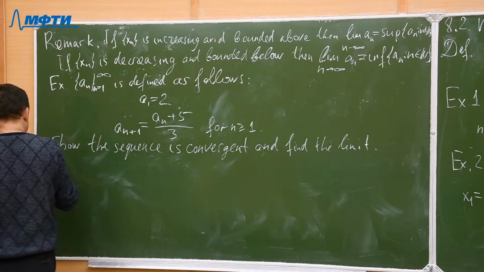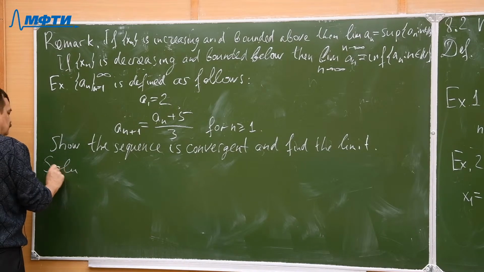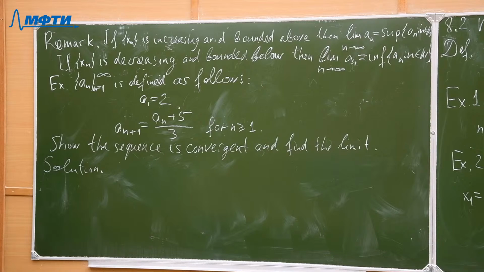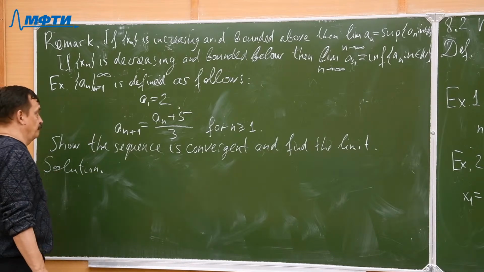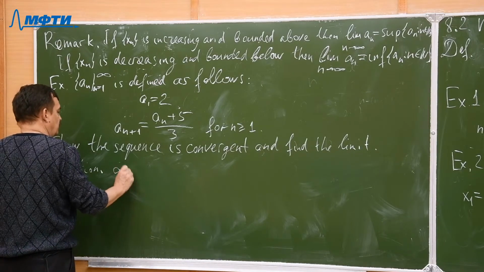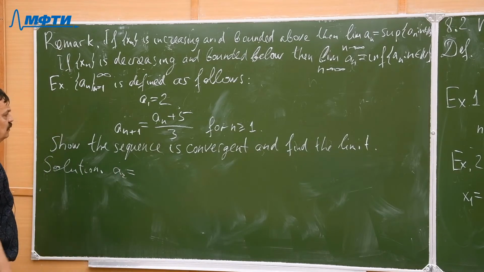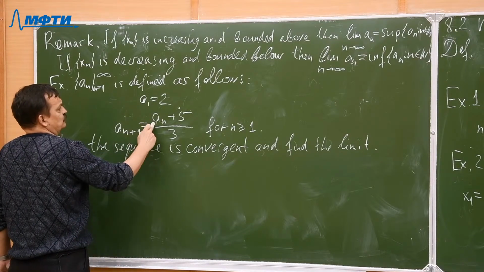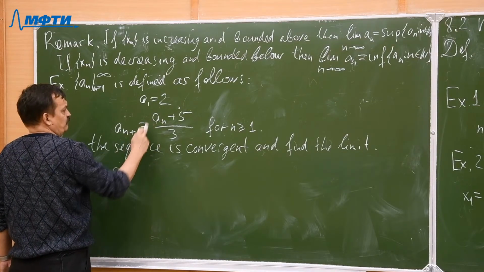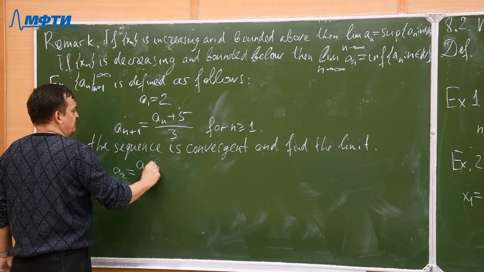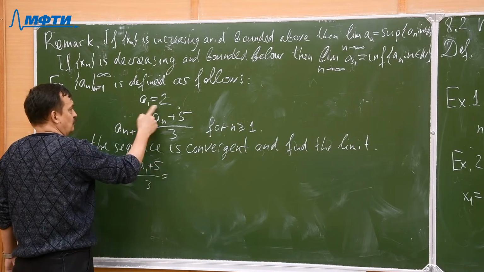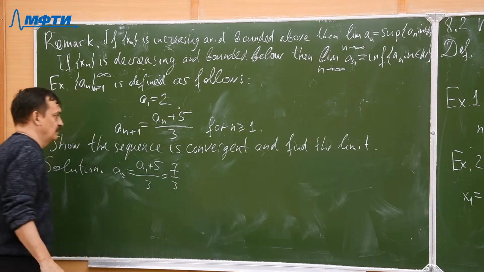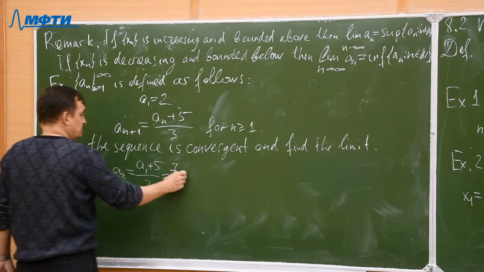Solution. So first of all, look at a2. If we substitute n equals 1, then we have a1 plus 5 over 3. a1 is 2, so we have 7 over 3. 7 over 3 is greater than 2.